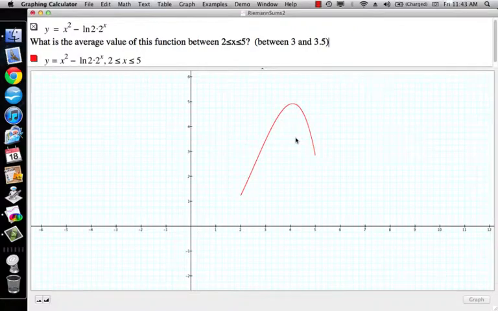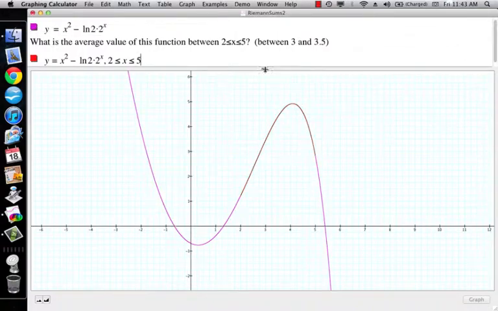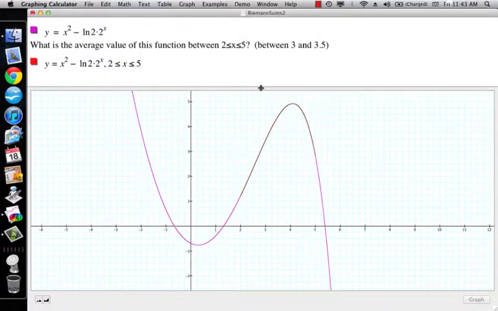Okay, so how are we going to do this using calculus? Well, we're in the integral scheme of things. So we are going to take the integral. Now, I could have made this easier, or I could have made it harder, but I made it exactly the way it is.